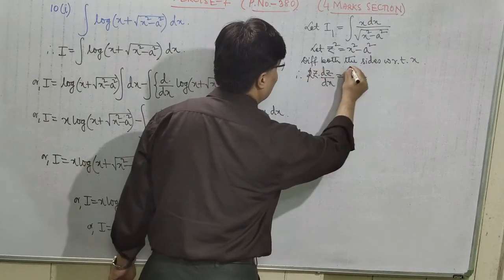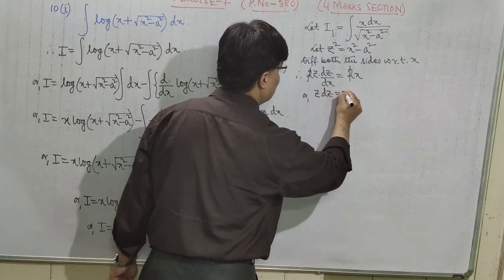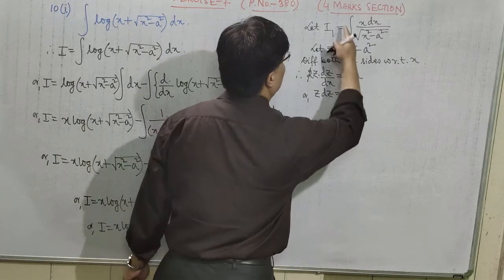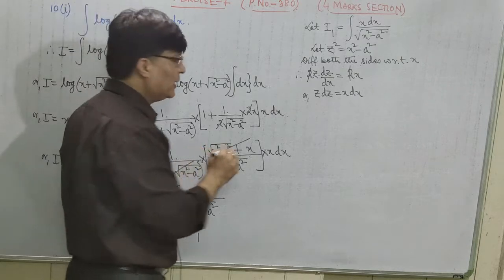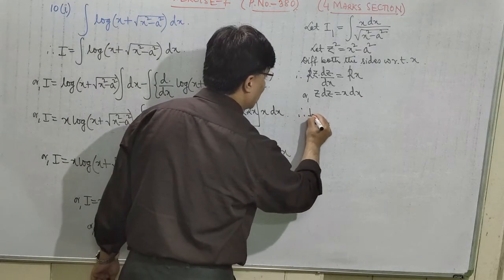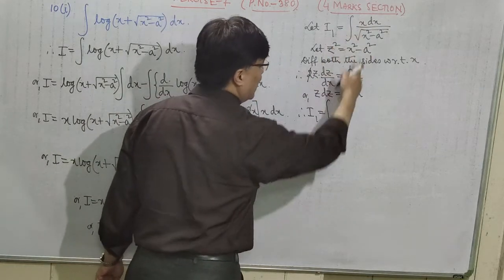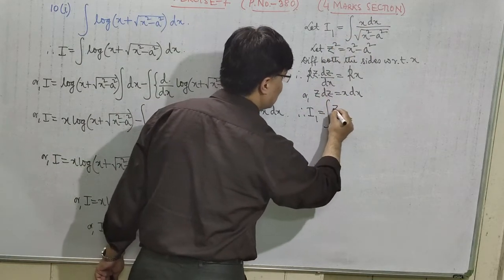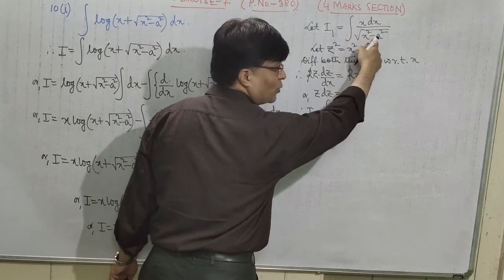Okay, so we can cancel the 2, or let us cross multiply: z dz is equal to x dx. That means, what is the value for x dx? It is z dz. So let us put it in I1. So I1 is equal to integration of z dz divided by, what is root over z square?